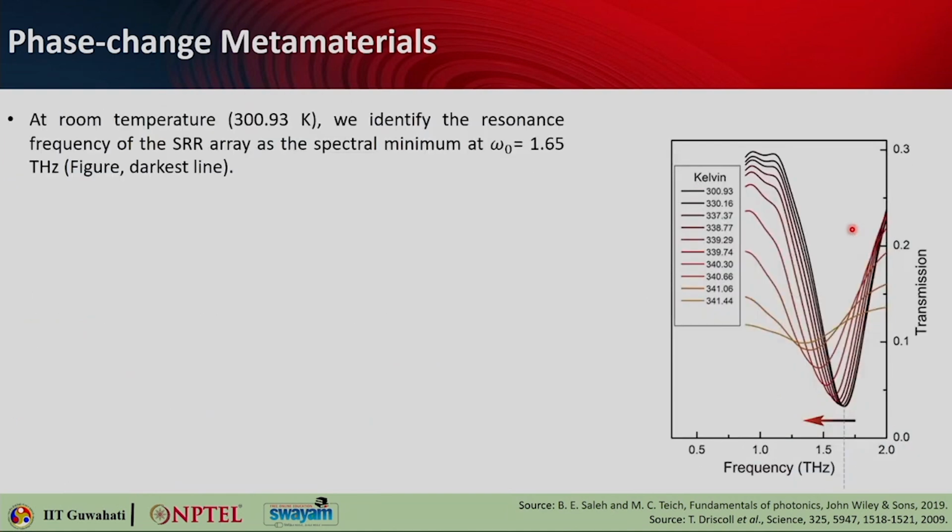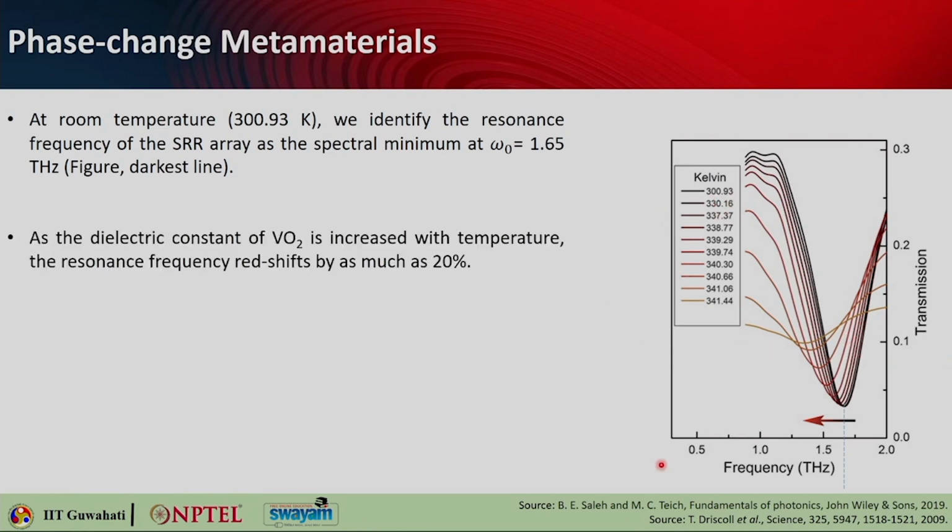Now, here is another plot which also tells you about the heating cycle. This is the resonance frequency, and this is the transmission graph. Here you can see that at room temperature, that is the black curve at 300.93 Kelvin, it has a dip here.